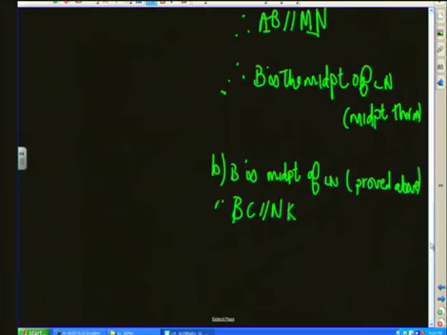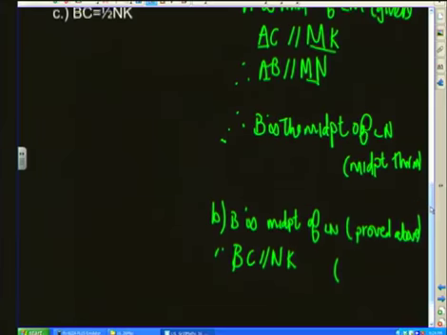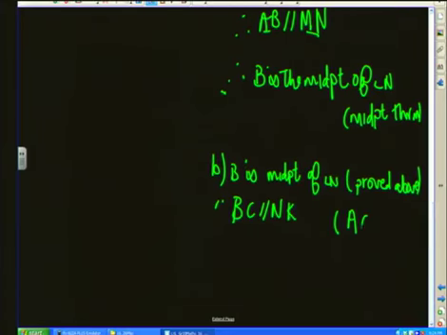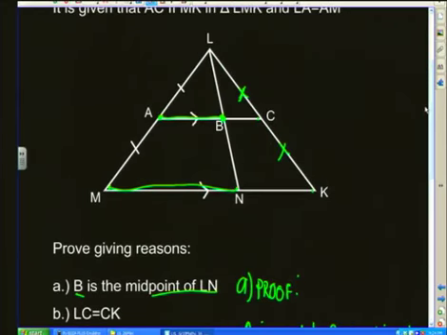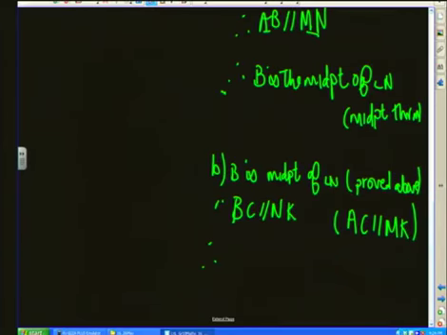The reason for that is because the whole line segment, your whole AC, is parallel to MK. Therefore, LC must be equal to CK. So we know B is the midpoint. We know that BC is parallel to NK. Therefore, this will only happen if C was also the midpoint of LK. So therefore, LC is equal to CK, and that's because of the midpoint theorem.